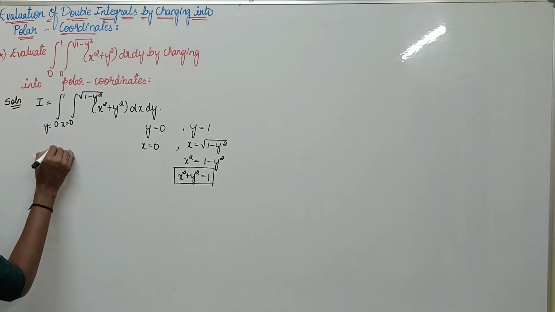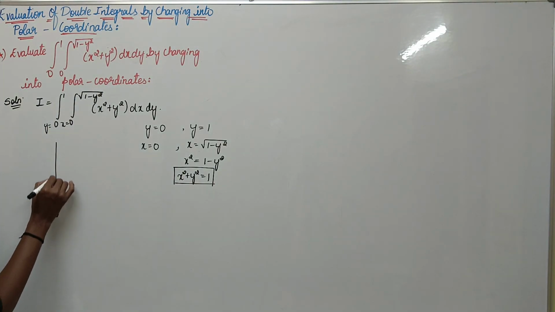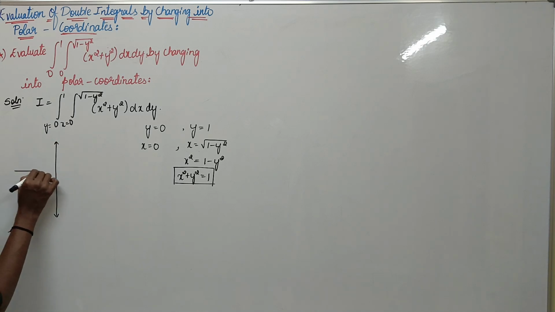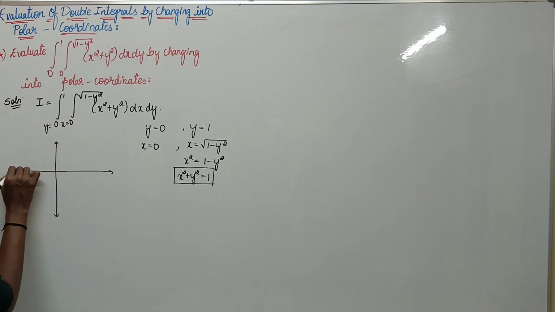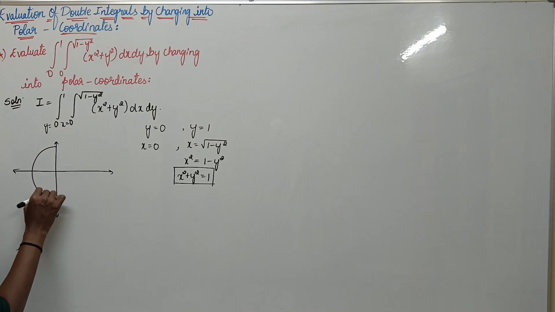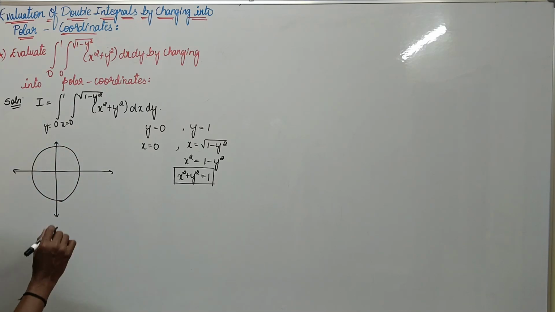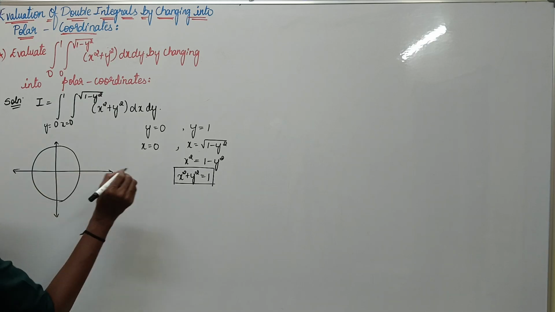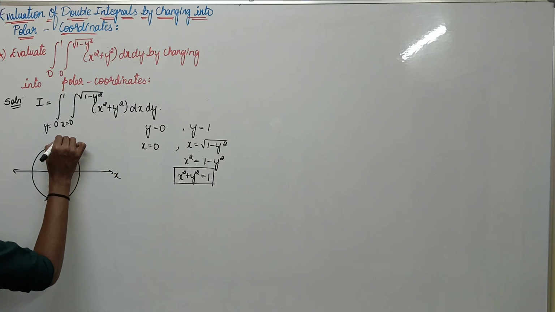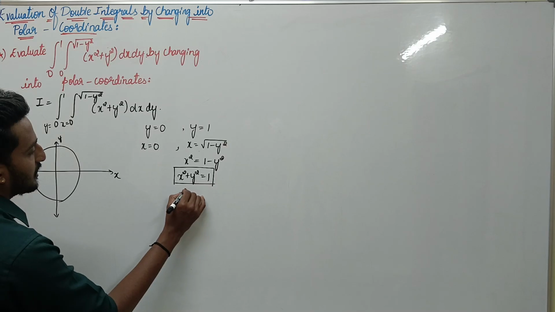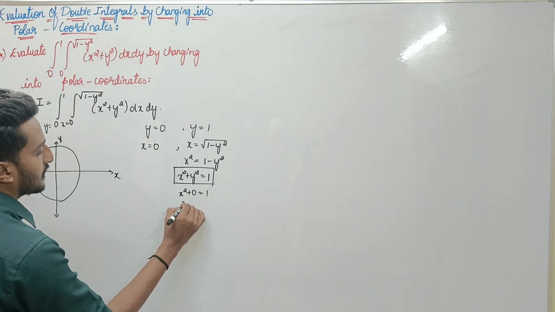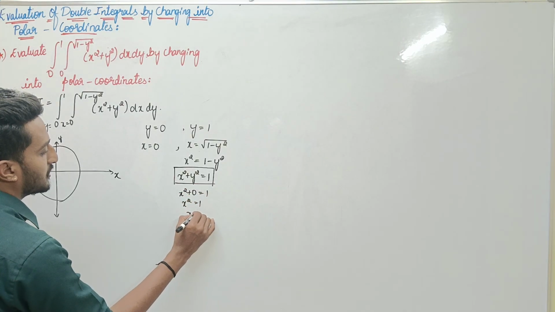Now I am going to represent the graph. Please do remember, graph representation carries 1 mark. Assume this as the equation of the circle. This is the x-axis and this is the y-axis. If you put y equal to 0, again x square equal to 1, so x will be equal to 1.